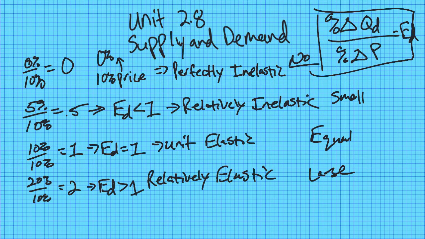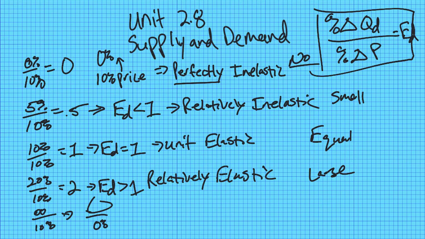And then this last one is on the extreme. What if this top number approaches infinity over 10%? Or in another way, you could say, what if this bottom number doesn't change at all? If we have a 0% change in price and any percent change up at the top, those are kind of equivalent statements.